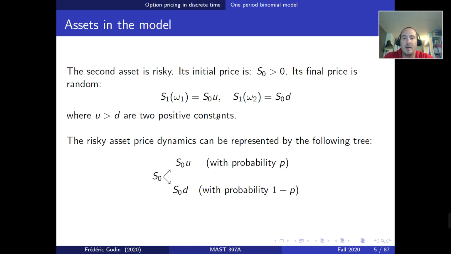Okay, so here typically U represents an upward movement in the stock, whereas D would represent a downward movement in the stock value.